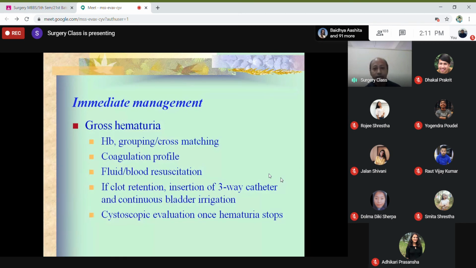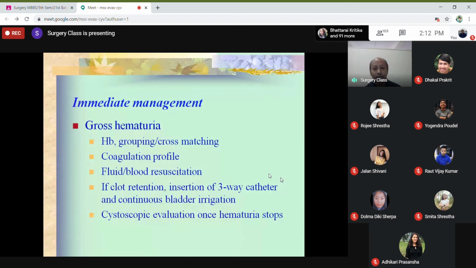That is, there is profuse bleeding inside the bladder or upper tract, and that comes into the bladder and clots. That clot obstructs the urethra and the patient gets retention of urine. In this case, the patient is restless with a full bladder and comes to the emergency. The management is to insert a three-way Foley's catheter, manual evacuation of the clot and continuous bladder irrigation.